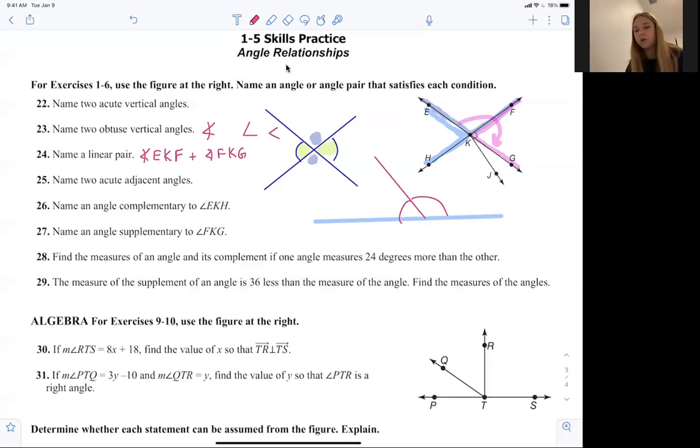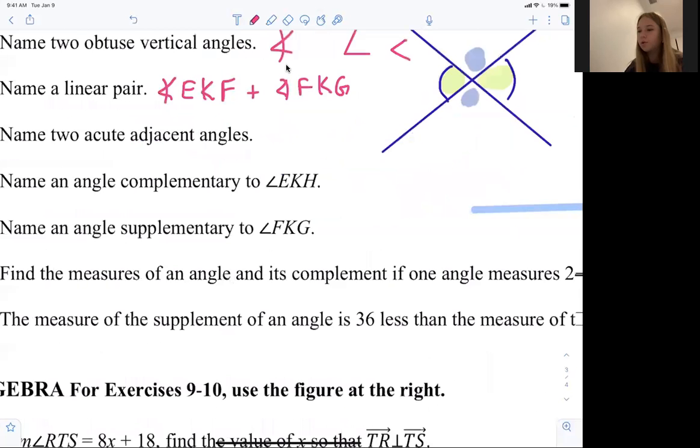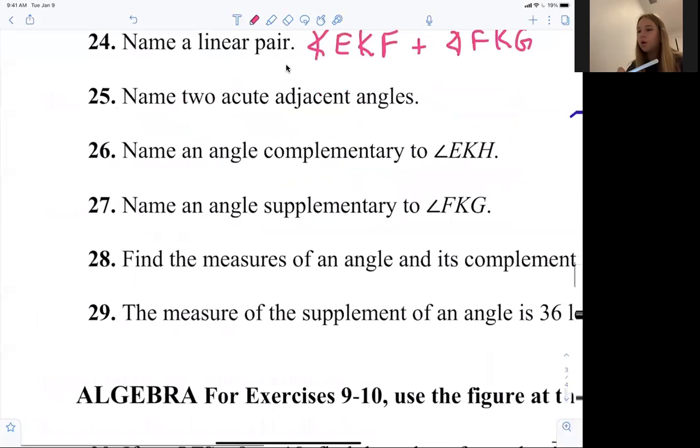Two acute adjacent angles. Now everybody's got to worry about the word adjacent. Adjacent angles share a ray. Adjacent means right next to each other, butted up against each other. Now, both angles could be linear pairs, but they don't have to be.